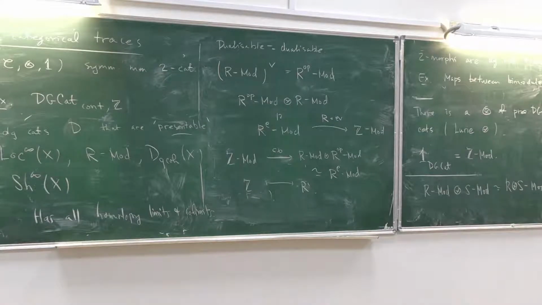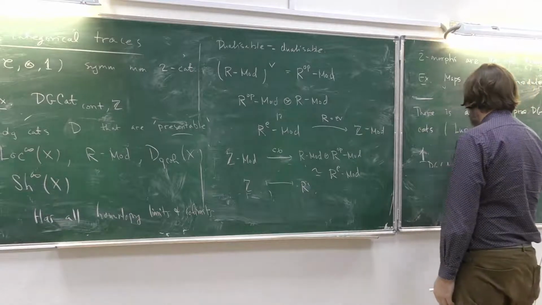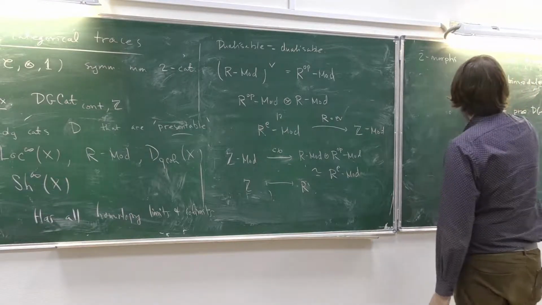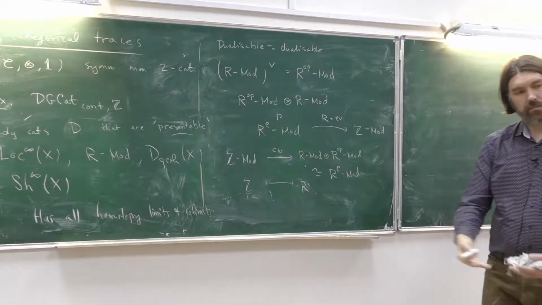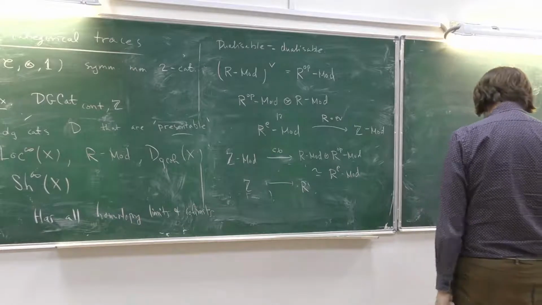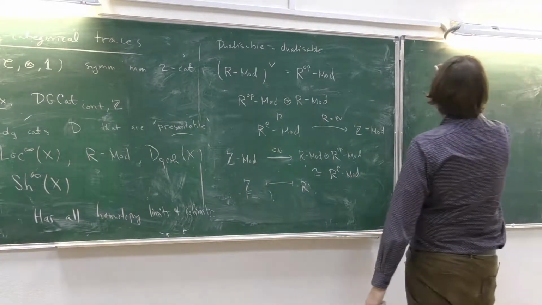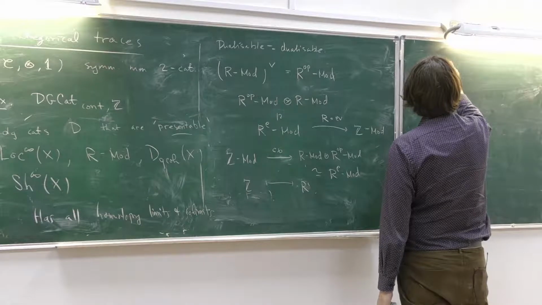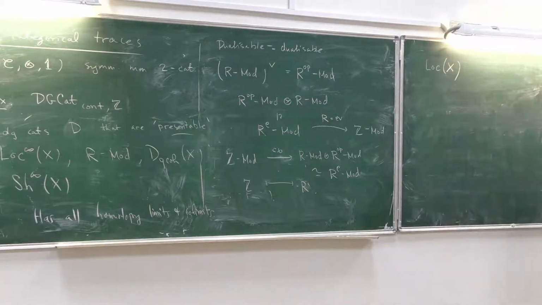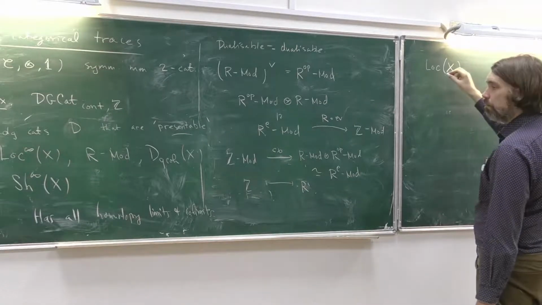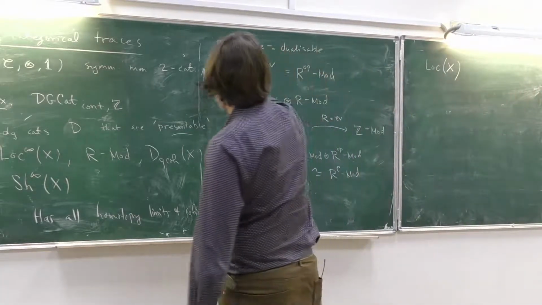That's one example. Second example, let's do local systems. Kind of more geometrically. I mean, it is a category of DG modules by this theorem we stated, but let's say it more explicitly. So I'm going to just write loc instead of loc infinity from now on, because we're cool kids. Right, so this was kind of example one.